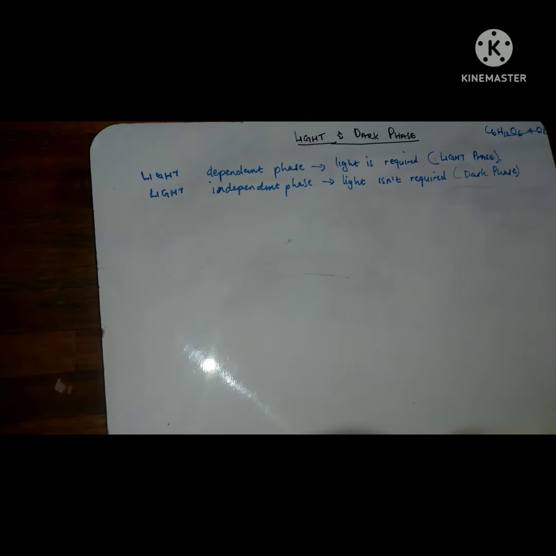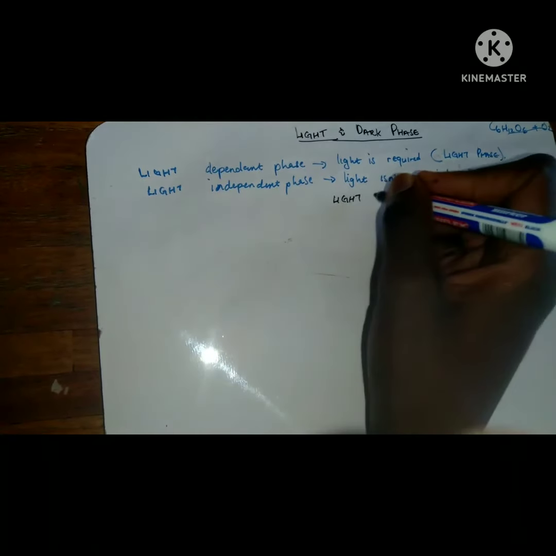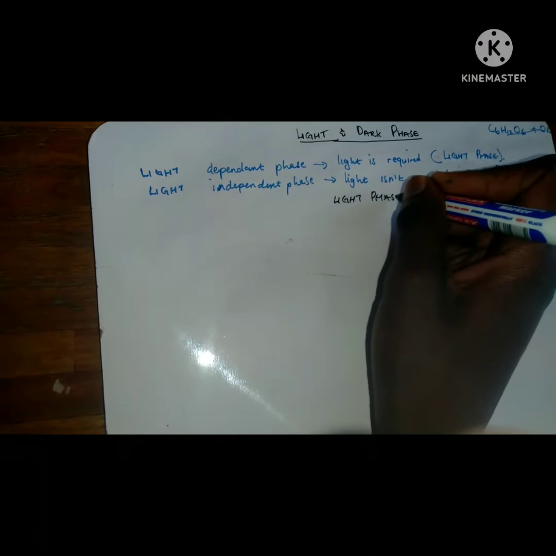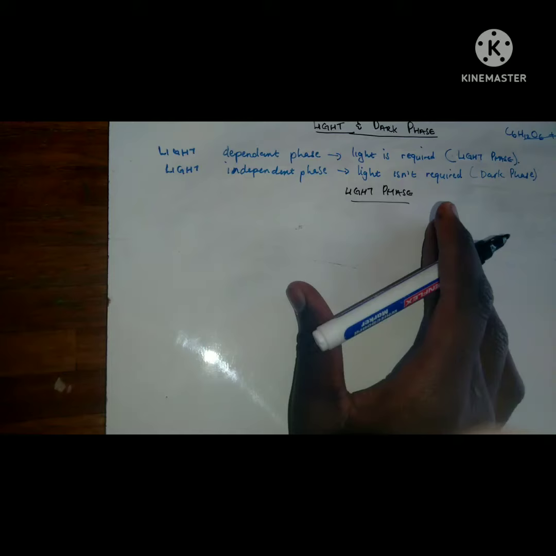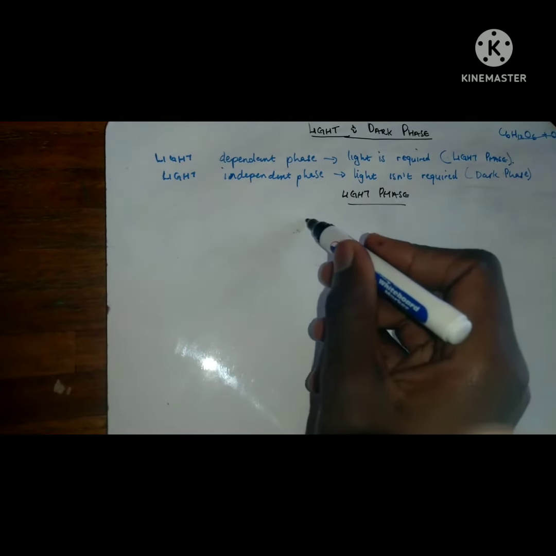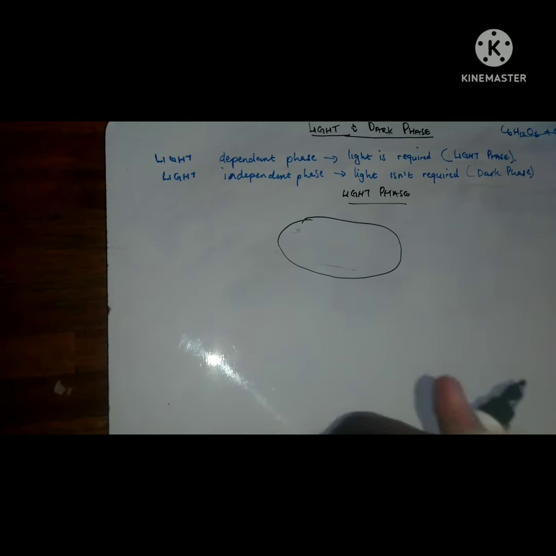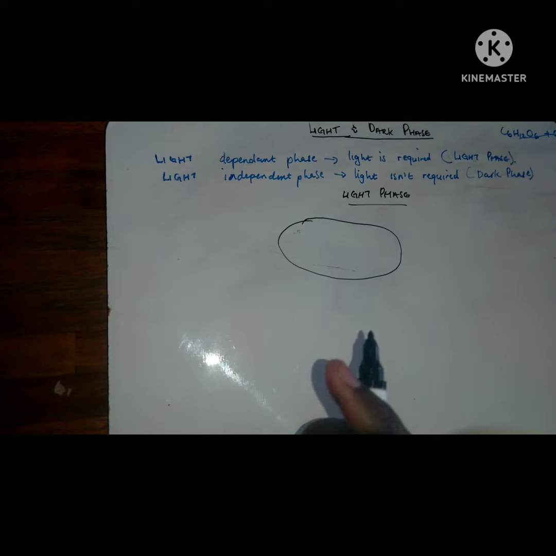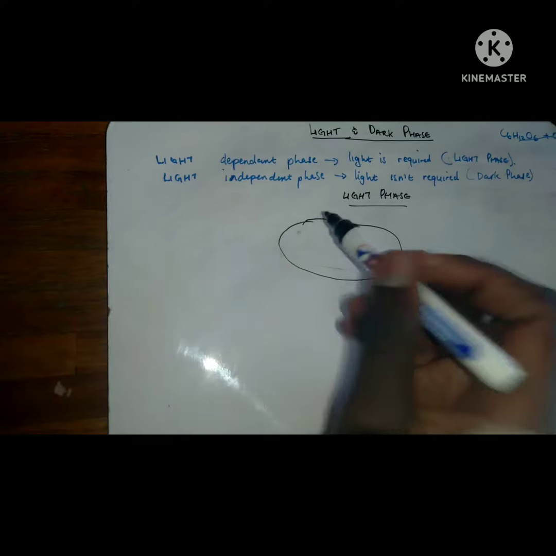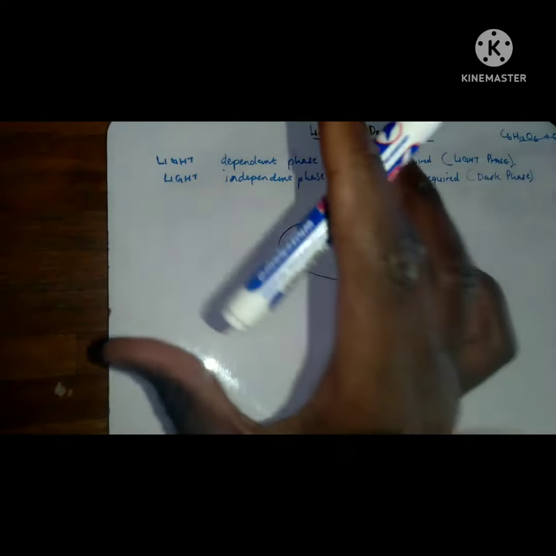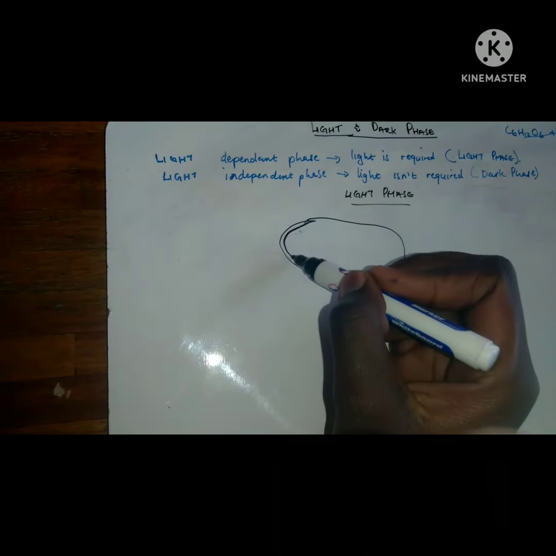So let's look first at the light dependent phase, or the light phase. As we mentioned, the light phase requires light to photosynthesize. Therefore, let's have our chloroplast. Why did we draw the chloroplast here? Because the chloroplast is the part of the plant cell, or the part of the leaf, whereby photosynthesis takes place. But we are going to look at exactly which parts photosynthesis takes place in.